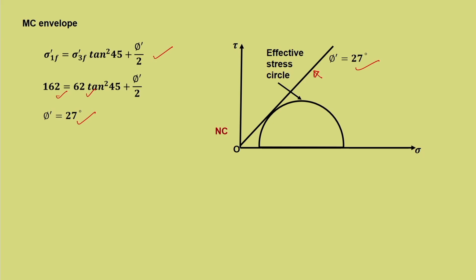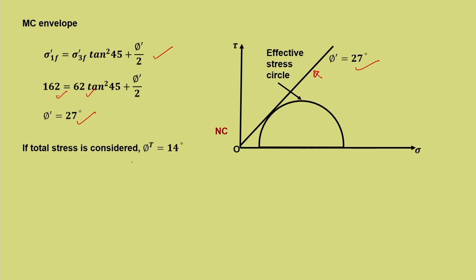Now, only one Mohr circle is there. If you have three Mohr circles, as we do for triaxial testing, an average line which is tangential to the three Mohr circles gives the Mohr-Coulomb failure bound or failure envelope. We can also obtain the value of phi t if you substitute the total stresses in the same equation, which is not relevant, but if you substitute you will get 14 degrees, and that is what has been plotted here.